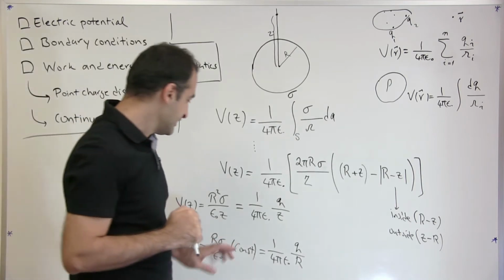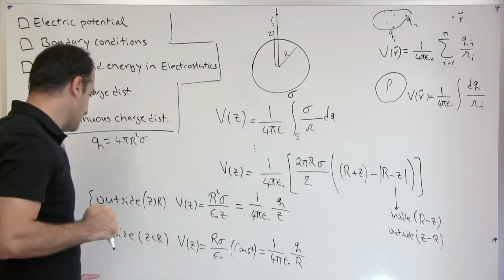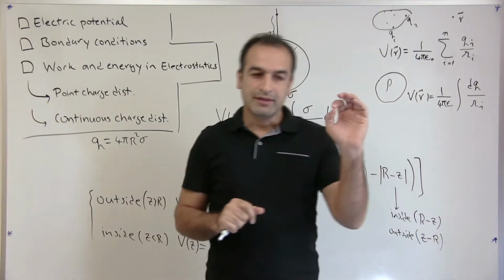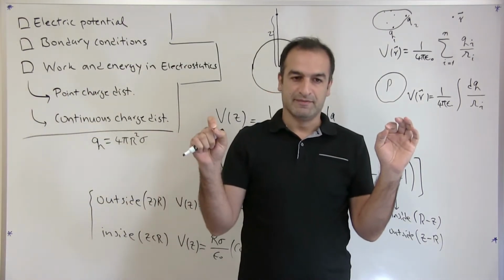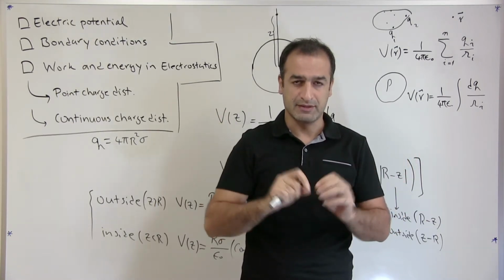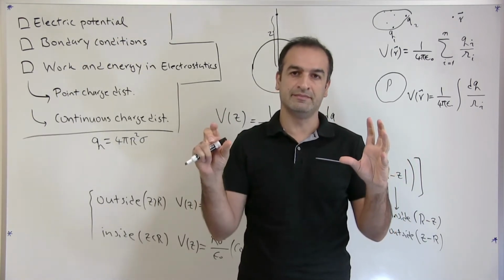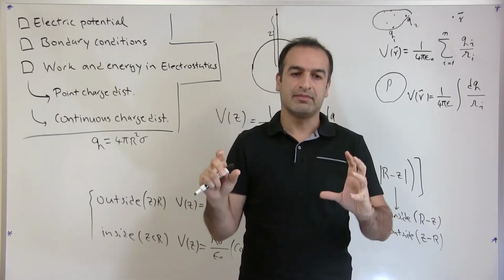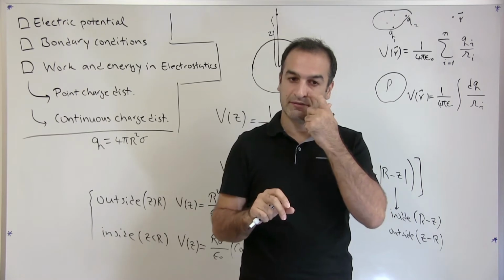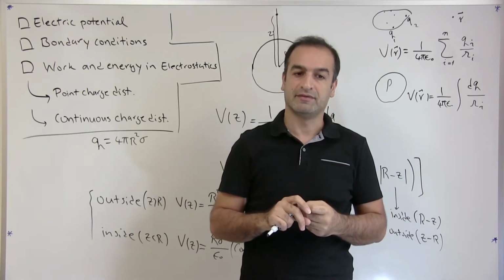Okay. So the next thing I want to do is plot electric potential as a function of z, or as a function of distance from the center of the sphere. I want to make that plot, and below that plot, I want to plot electric field as a function of distance.